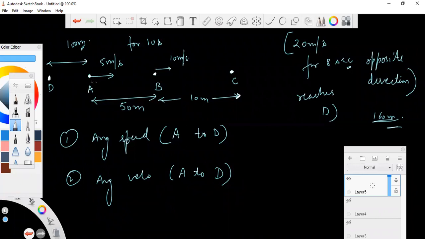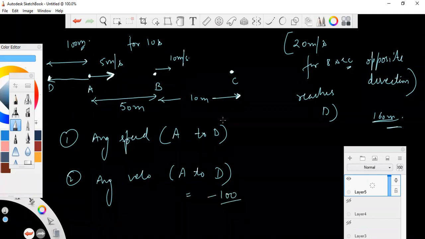So when we say the person is moving with 5 towards the right, that means we have taken right as positive. If the object is moving in the opposite direction, it is traveling a displacement in the opposite direction, so we have to show that somehow. How do we show that? With a negative sign, right? So here the average velocity will be minus 100 divided by the total time taken.